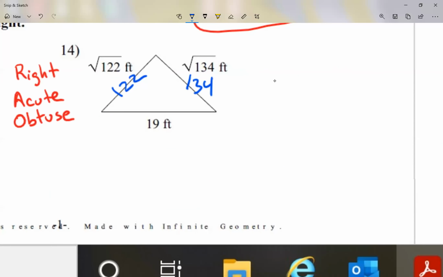Now, 19 squared, that's not a square root, so I have to go 19 times 19. Now I get 361. I'm going to add the two small numbers, 122 plus 134. Let me leave a space, and then 361.